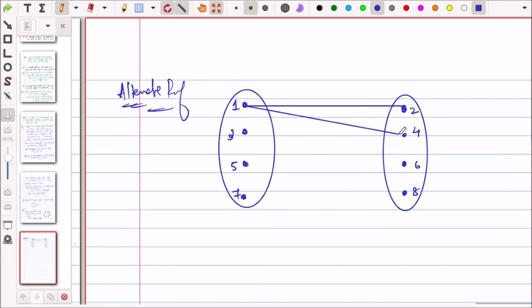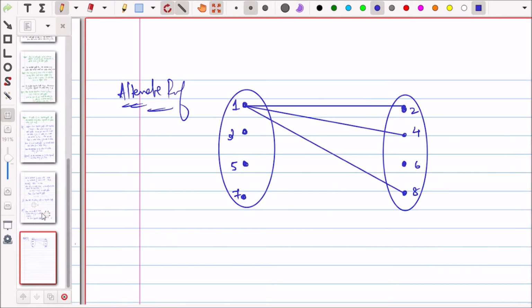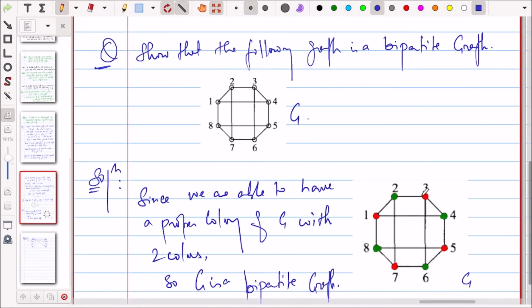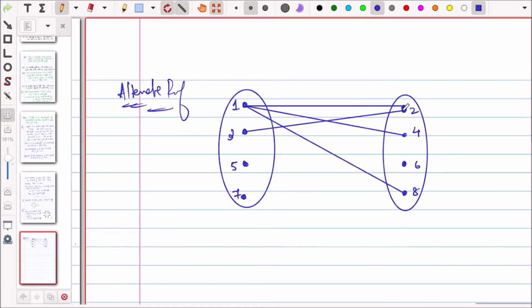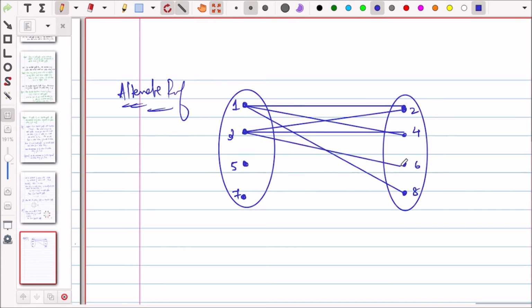Then what about next vertex? 3. 3 is adjacent to 2, 4, and 6.